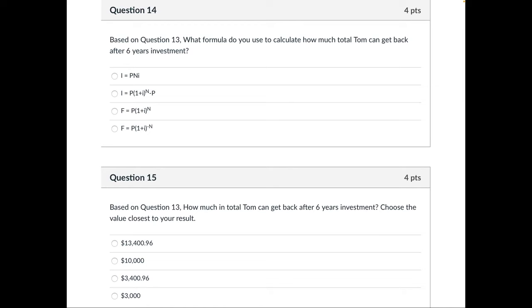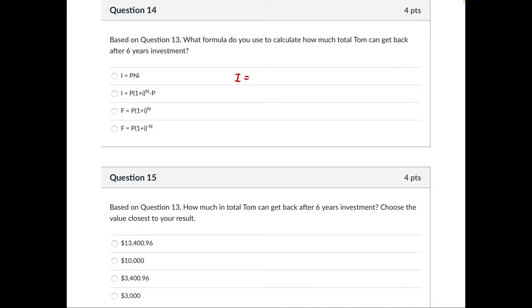And based on the question, what formula do you use to calculate how much total Tom can get back? Because the total Tom can get back is actually the total payback, okay? It's not just the interest, it's interest plus the principal, okay?